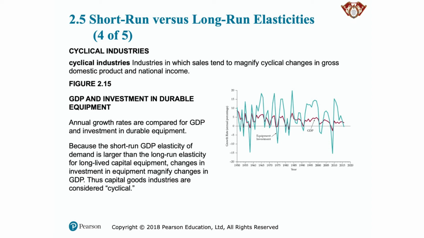The fluctuation of investment in equipment, durable goods, is larger than that of normal GDP, right? Because the short-run GDP elasticity of demand is larger than the long-run elasticity for long-lived capital equipment, durable equipment. Changes in investment in equipment magnify changes in GDP. Thus, capital goods industries are considered cyclical. Got it?